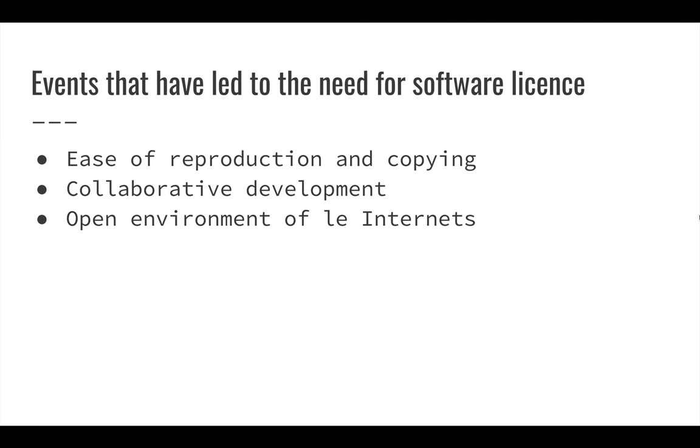But also, the internet has allowed for the development of software all around the globe in collaboration. So it's really important, like I said in the collaborative development dot point, that everyone who engages in that process is recognized. Everyone who contributes to a piece of software needs to be recognized, hence the need for a software license agreement.